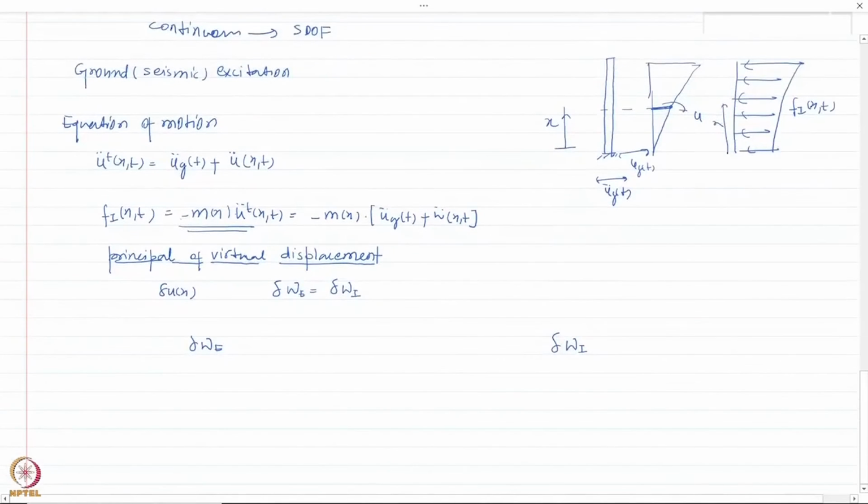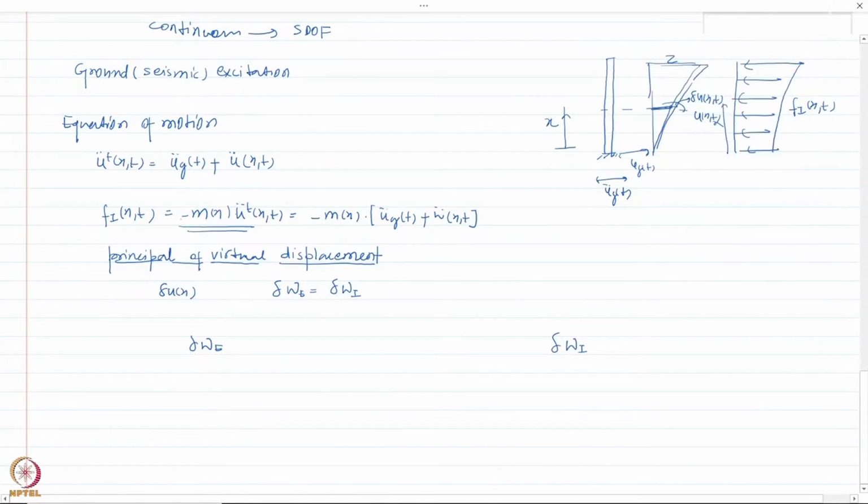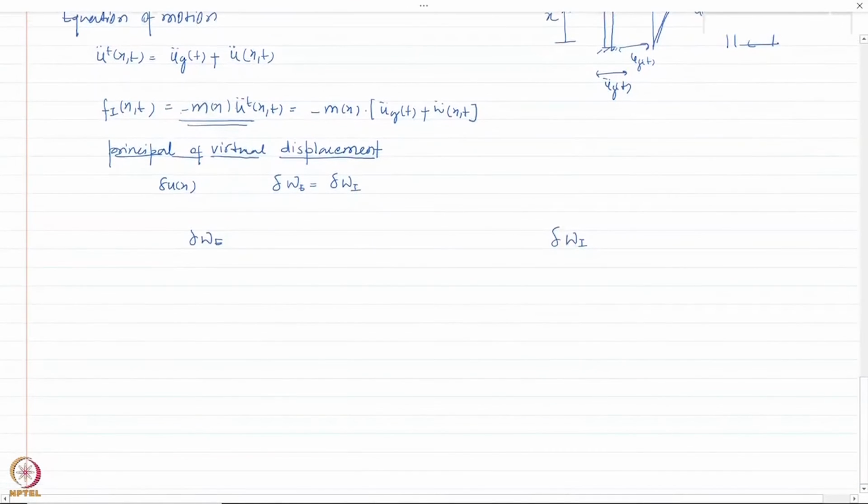Let us say this is the deformed position and it is given a small virtual displacement, which is again a function of x. So this is the small virtual displacement, del u of x,t, a function of x and t, and at the top, let us say it was z, because I'm normalizing with respect to the displacement at the top, and this is del z. All right, let us see how much work is done.